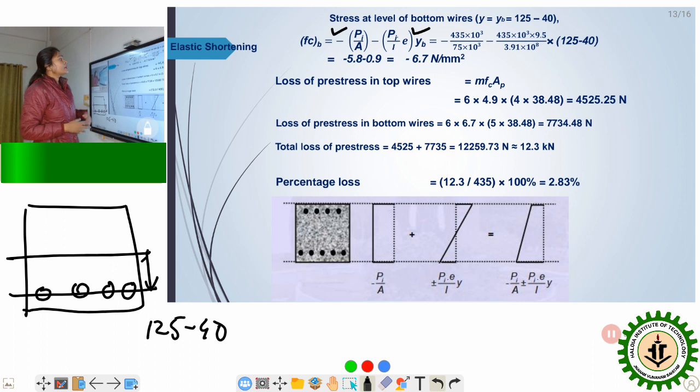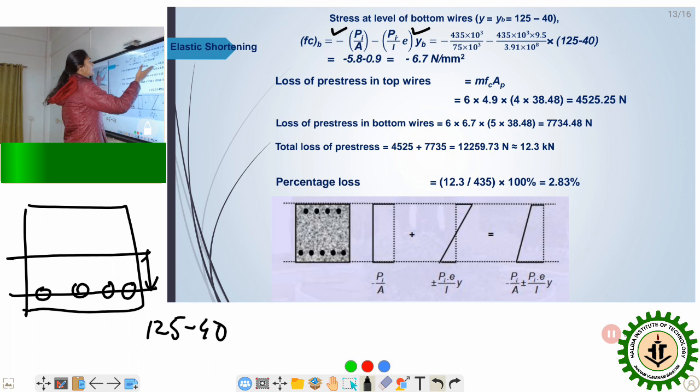Now, the loss of pre-stress in the top wires, how are we going to calculate it? The loss of pre-stress in the pre-stressing wire is basically modular ratio into FC into AP. AP we know, the area of the steel. Here we are using the area of the cross section. We are getting the stress in the concrete section at the level of the bottom wires as well as at the level of the top wires, which are FCB and FCT.